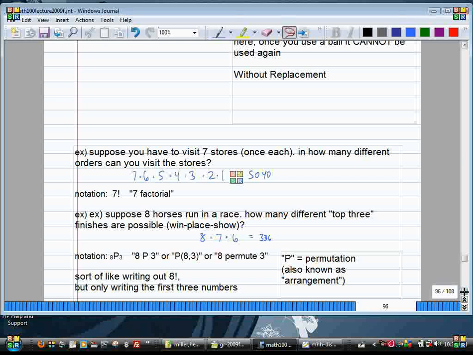It's much bigger than that. Factorial gets very large very quickly. You'd be amazed. So typically I'll give you numbers so that you can actually work out what the final answer is.